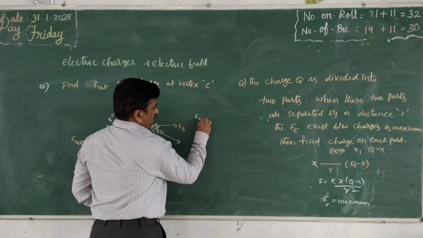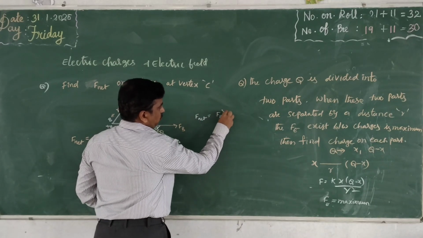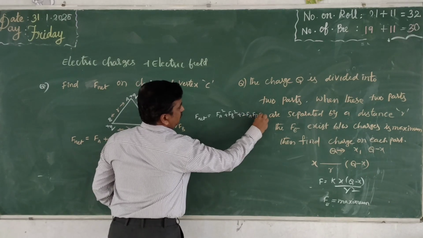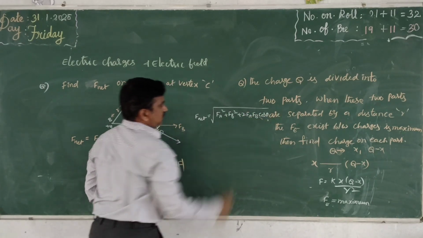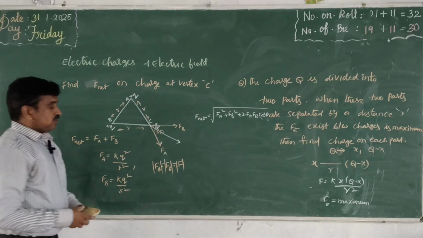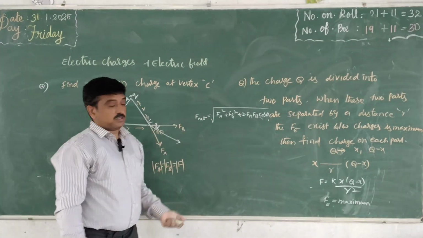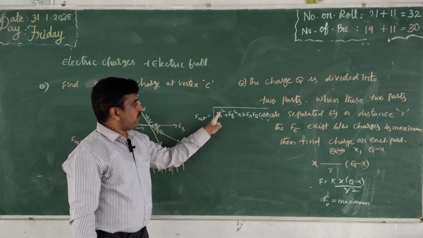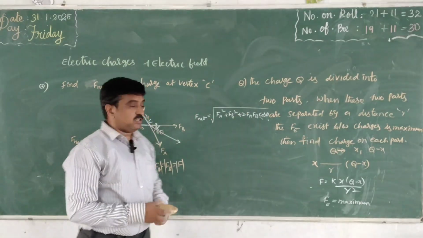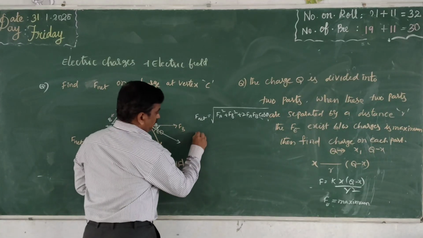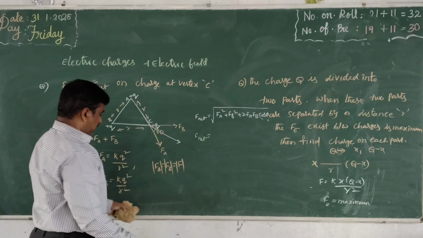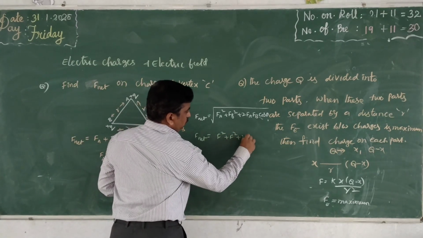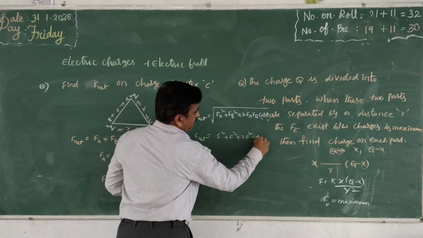For that, according to the parallelogram law of vectors, F net equals root of FA square plus FB square plus 2 FA FB cos theta. This is the formula for addition of two vectors. So F net equals root of F square plus F square plus 2F square cos 60.